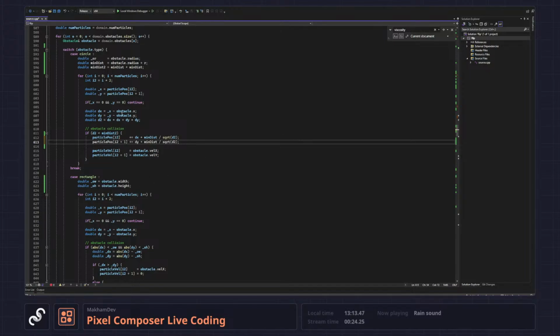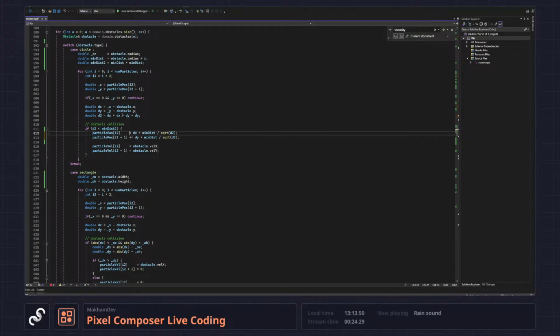So it actually should just be obstacle x plus dx, and then times the distance required for non-collision divided by the current distance. Yep.